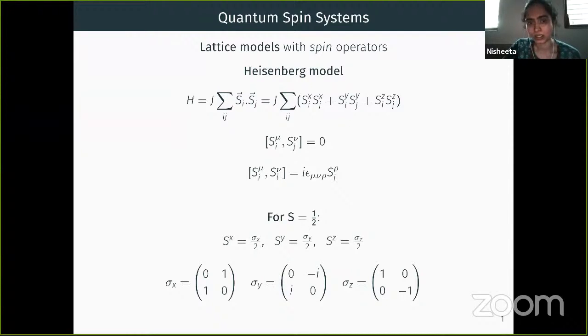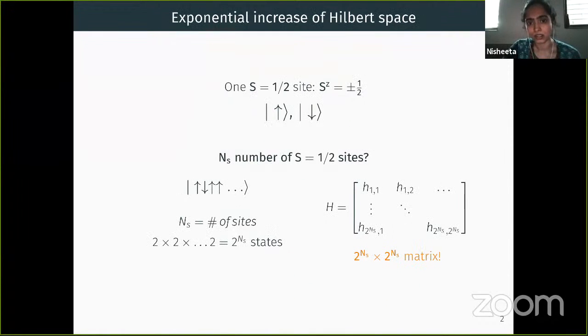So here, the Hilbert space of a quantum spin system is a tensor product of local Hilbert spaces of spins at each site on a lattice. So if I have just one spin half, then the Hilbert space is 2. But if I have, say, Ns number of spin half sites, then the Hilbert space grows exponentially.